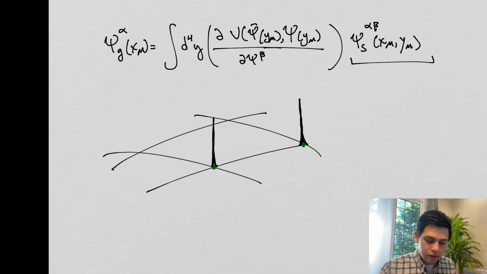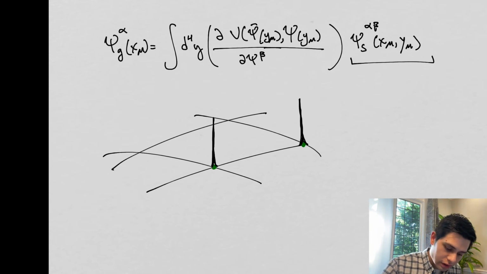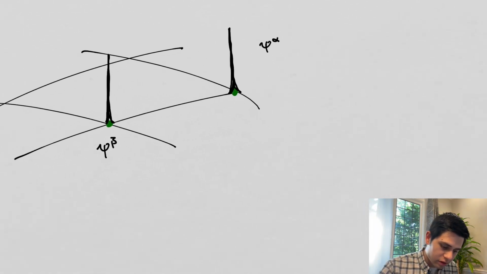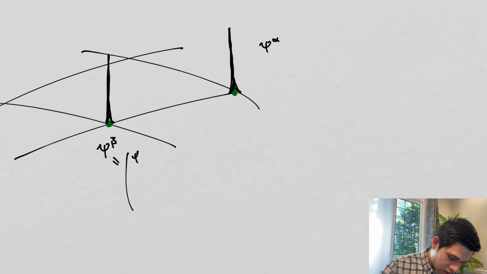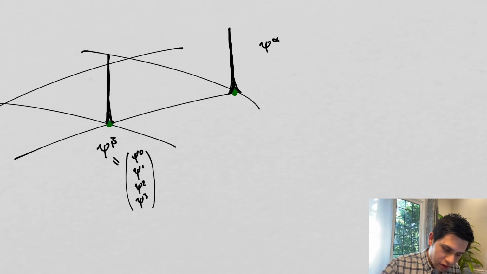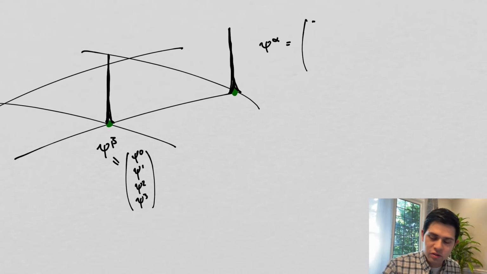And these are described by spinors, right? So this is a spinor alpha. This is a spinor beta. We're just labeling components. This spinor here looks like 0, 1, 2, 3. The spinor here is a vector, or not a vector, it's a spinor, but it's got components to it.